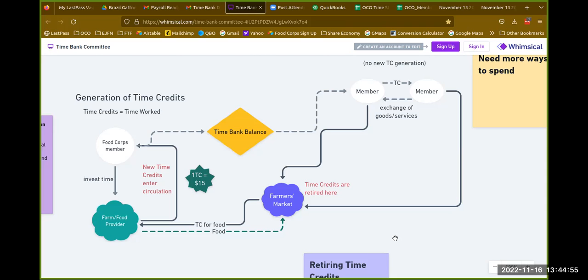They're not selling it. And yet those Food Corps members earn 100 time credits and they spend it elsewhere, which means that the debt of that organization gets spread onto other farms and food providers, like Fish Tree Farm, for example, right?